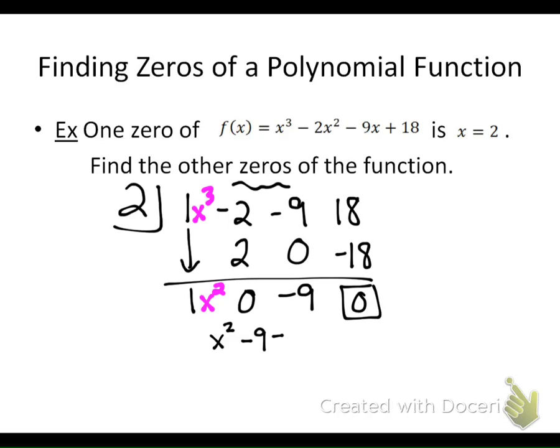If I want to find the zeros, I want to see what will make this 0. If you solve it, x could also be positive or negative 3. Since we started out with a cubic function, notice how 2 is a 0 and positive and negative 3 are also zeros. We actually come out with a total of 3 zeros: 2, positive 3, negative 3.